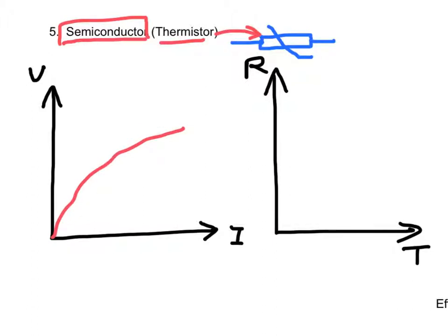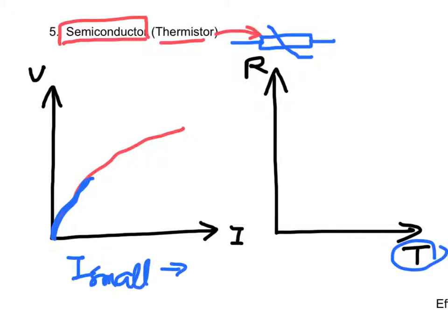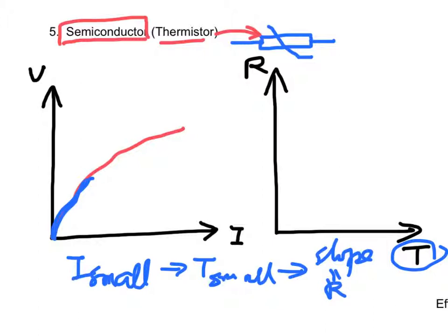When the current is small, the temperature of the thermistor T is also small, but the slope of the graph, which is equal to the resistance of the thermistor, is high.